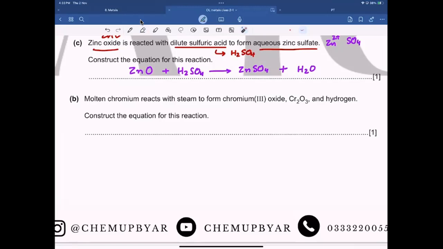Read it. What have they said? Chromium. There is no need to look at it. They are saying molten chromium reacts with steam. So what are the reactants?